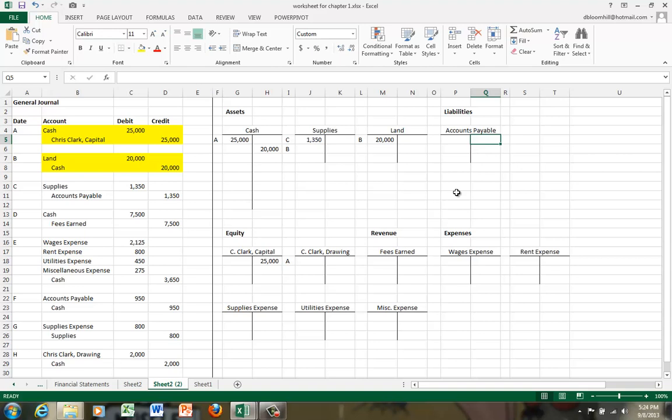So go to the accounts payable T, enter $1,350 in the credit column, and note that that comes from transaction C. Now we've posted both sides of transaction C, so I'm just going to tick off, let myself know that it's done. You can use a highlighter at home or just check them off with your pen, whatever you need, but it's very important to make sure that you tick them off when you're done.